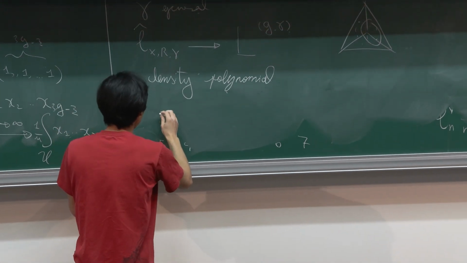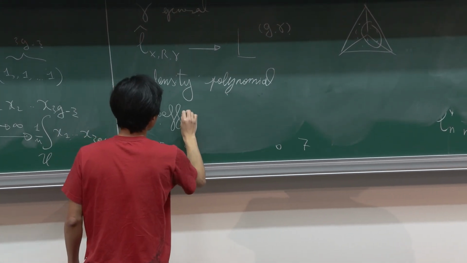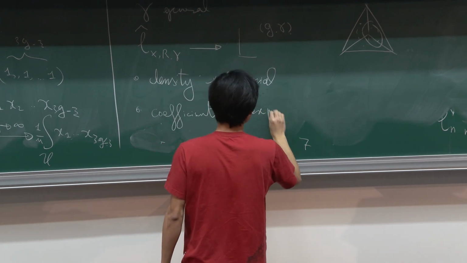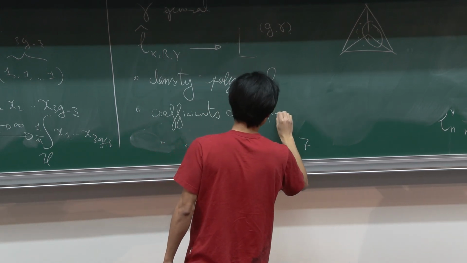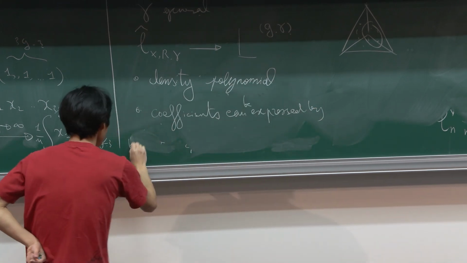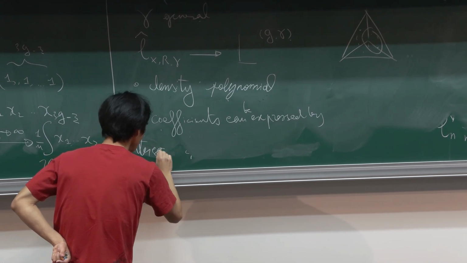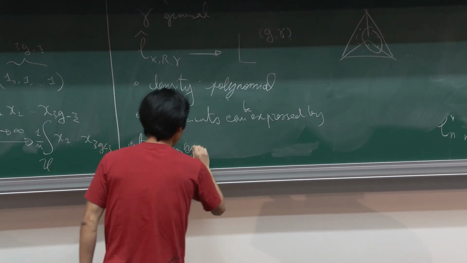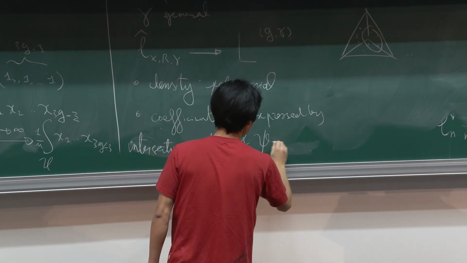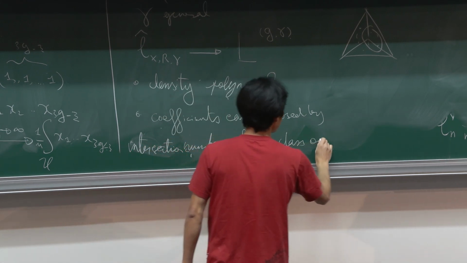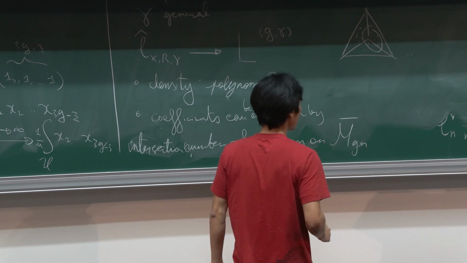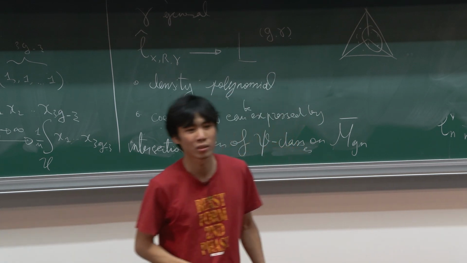And this polynomial, the funny thing is that the coefficients can be expressed by the intersection numbers of psi classes on the Deligne-Mumford compactification of the moduli space of algebraic curves.